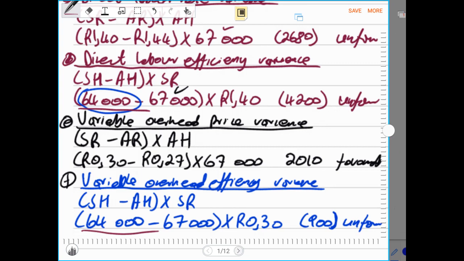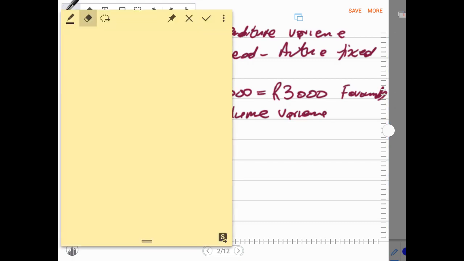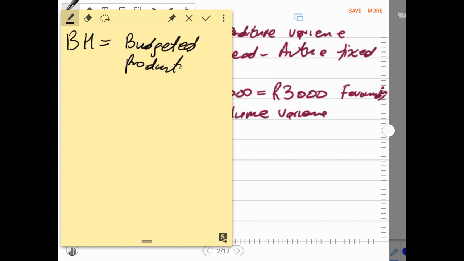Therefore, now we proceed, but now we have to calculate our budgeted hours. Remember, budgeted hours are based on the budgeted information, meaning our budgeted hours is equal to budgeted production times the standard hours per unit.